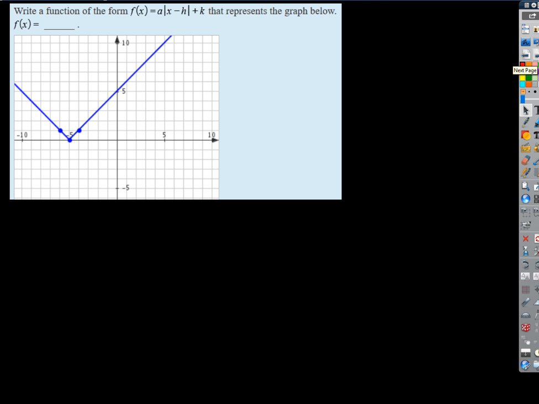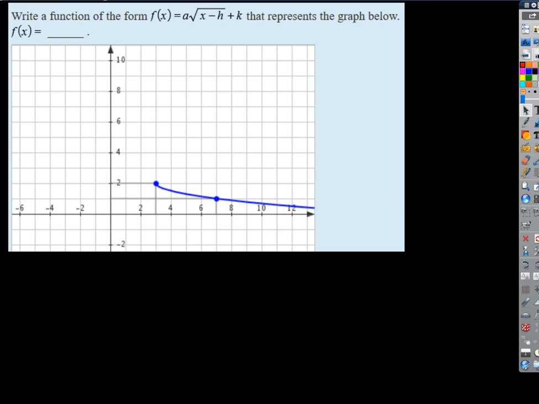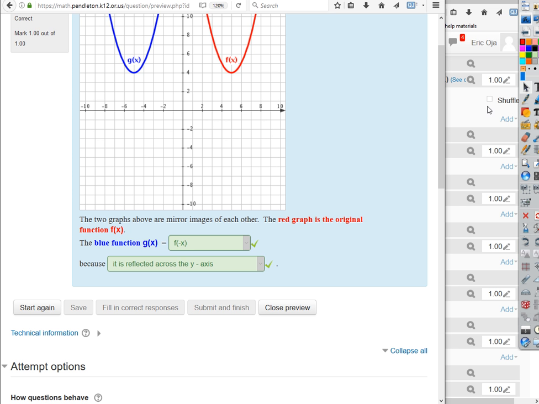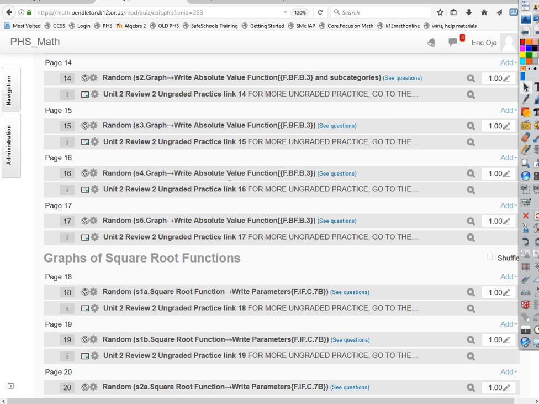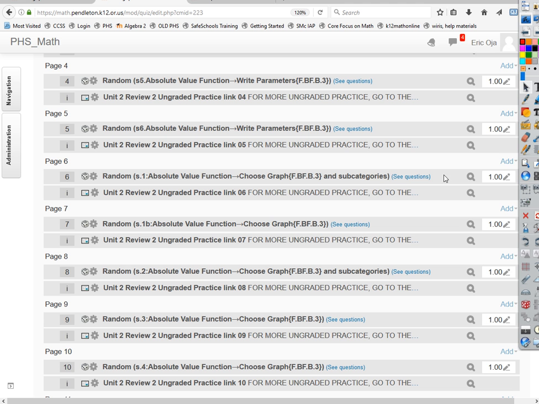So now let's maybe go to a couple of graphs, as I think this would be a better order. Okay, let's try this one.